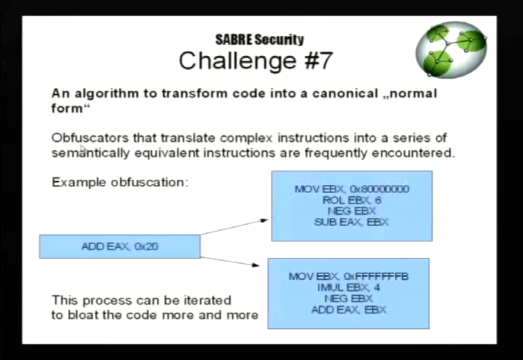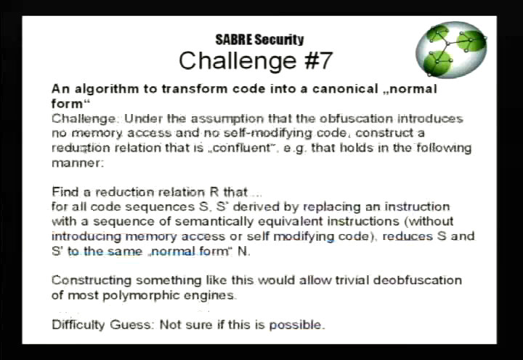So what we would really like to have is, under the assumption, well, in general, of course, this is not possible, but let's say that the translator is not allowed to add memory access, and the translator is not allowed to do self-modifying code. So any substitution which we do has to substitute one instruction with a set of others that don't access memory and that don't self-modify.